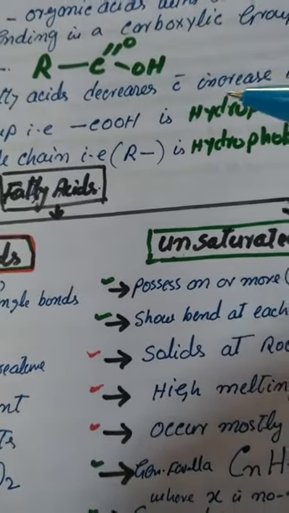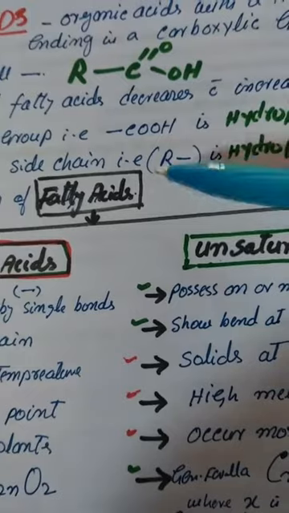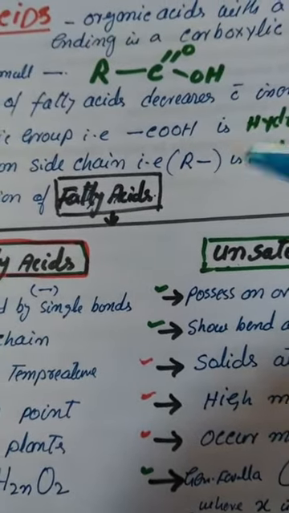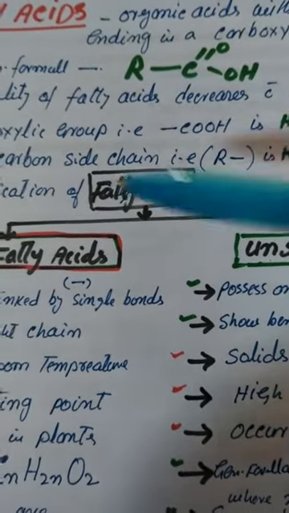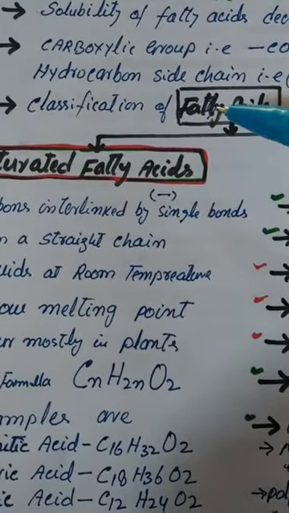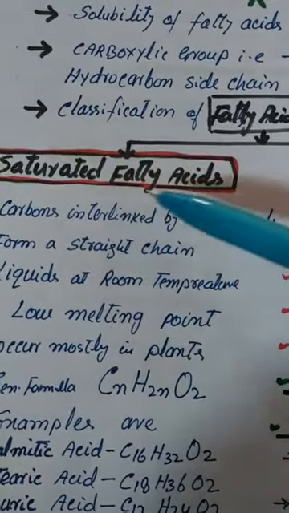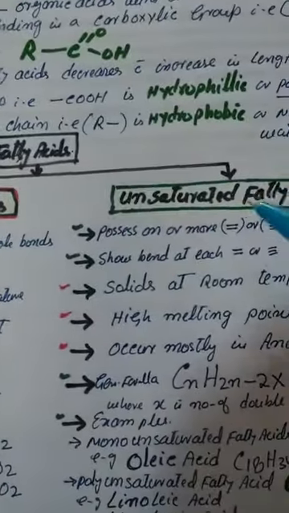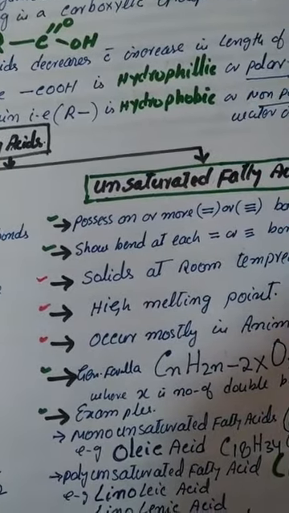Now the classification of these fatty acids. These fatty acids are broadly classified into two types. That is, number one, saturated fatty acids, and number two, unsaturated fatty acids.